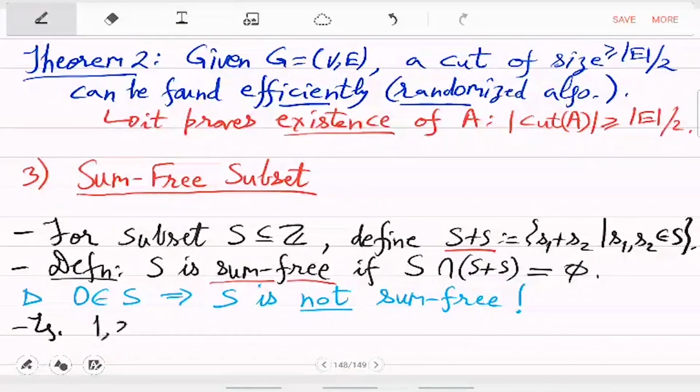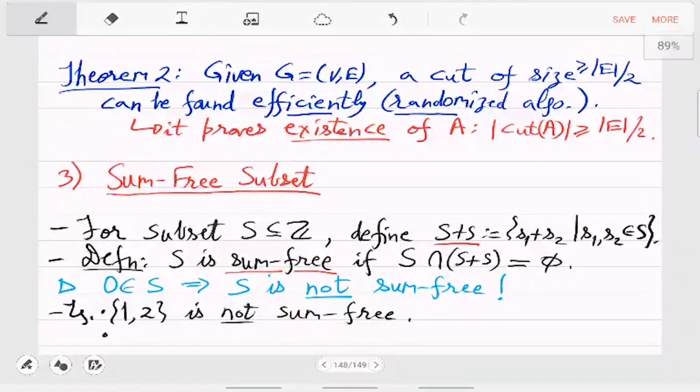So, {1, 2} for example is not sum free, because 1 plus 1 is 2. What about sum free? Actually, if you look at a sequence of large enough growing numbers like 1, 3, 3 square, and so on to infinity, this set is sum free.